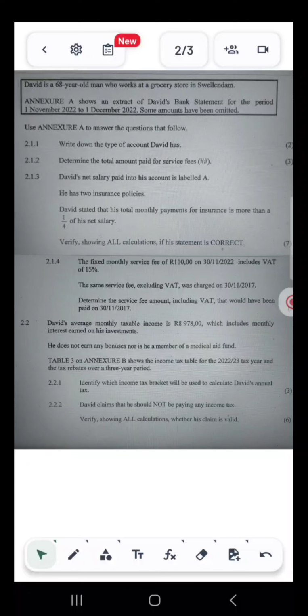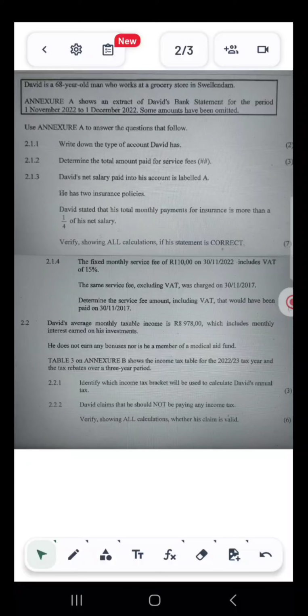So there's an annexure that we must use to solve this question specifically. In Annexure A you should find David's bank statement, and then we'll be able to answer the questions.